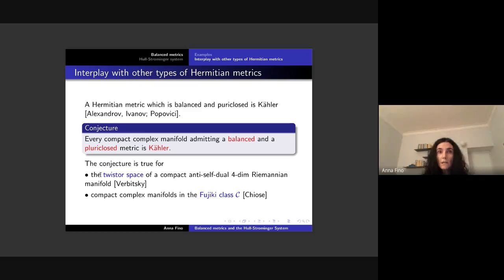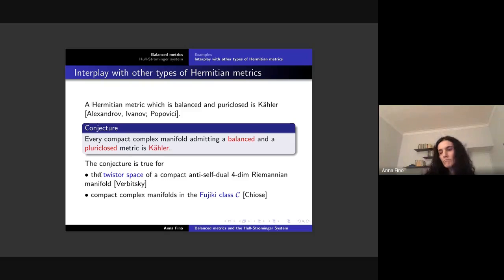Then automatically omega, your fundamental form, is closed, so you have the Kähler condition. We conjecture with Luigi Vezzoni that this property is in fact true in general: every compact complex manifold which has a balanced and a pluriclosed metric is automatically Kähler.